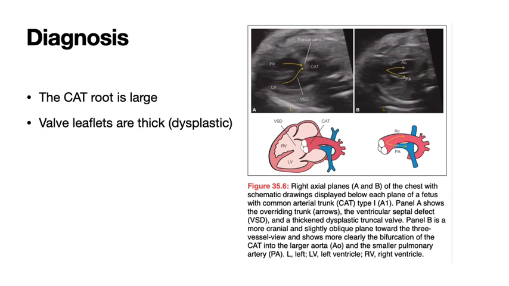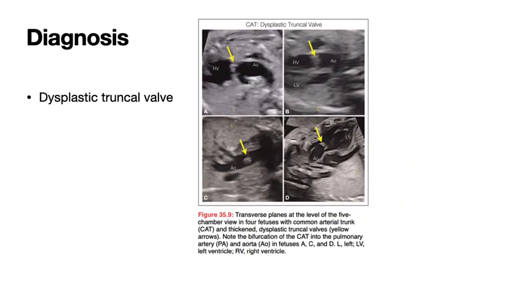Now, the common arterial trunk root is very large, and if it has a valve, which it often does, the leaflets are thick. They're dysplastic. The actual valve doesn't work all that well. And here are some pictures of dysplastic truncal valves. So you'll see that they're thickened.